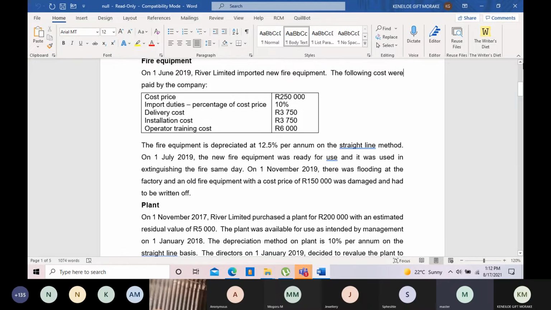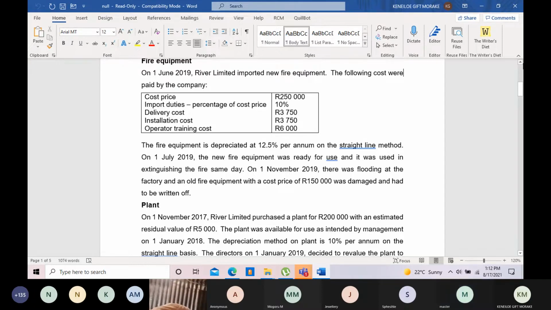Is it on cost or straight line, right? So we don't have to get the carrying value here in this case because it is on straight line.